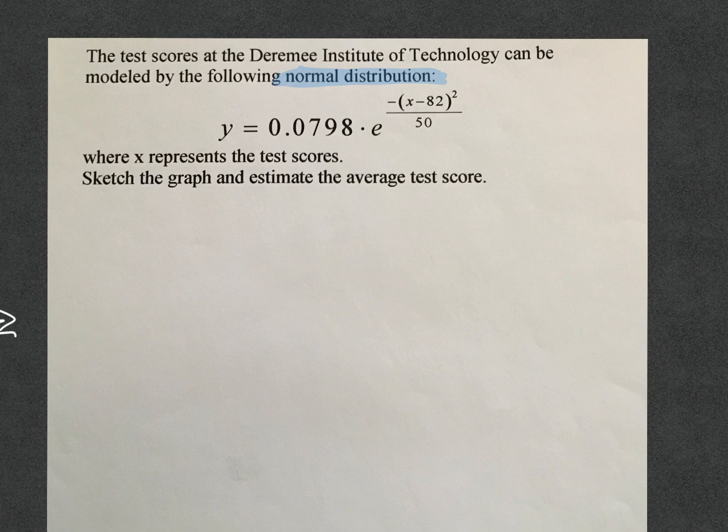So I need to adjust the window, and I'm not exactly sure, I didn't practice this one, but I'm going to give it a try. I'm going to go with x between 60 and 100. Remember, the x's were the test scores on some exam, so we're looking at exams between 60 and 100.